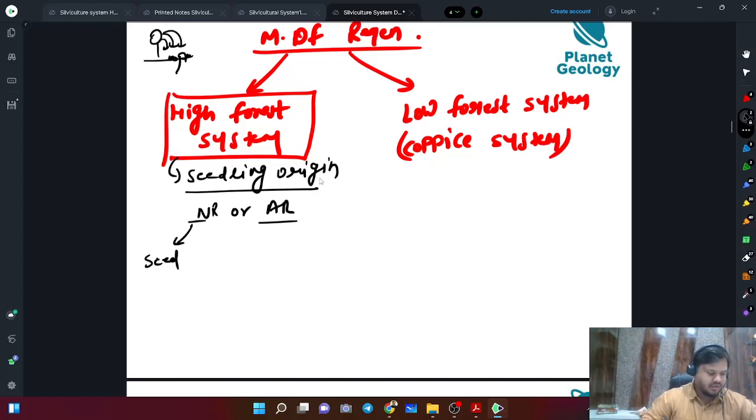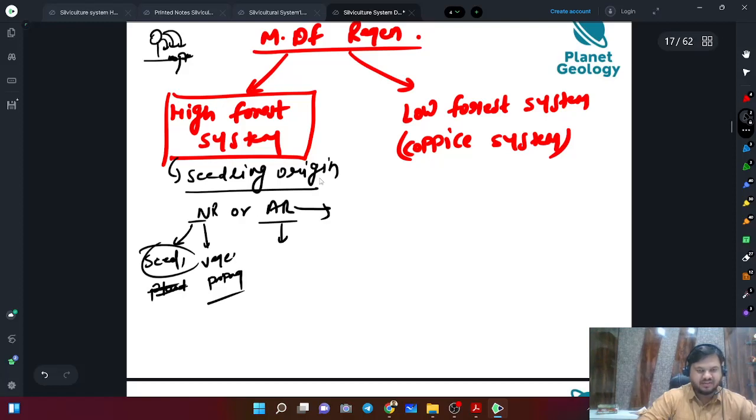Another way is it could be through plantation. We can bring a small sapling from nursery and we can plant it. But that will be artificial regeneration. So mostly seedling origin, or it could also be obtained through vegetative propagation, right?